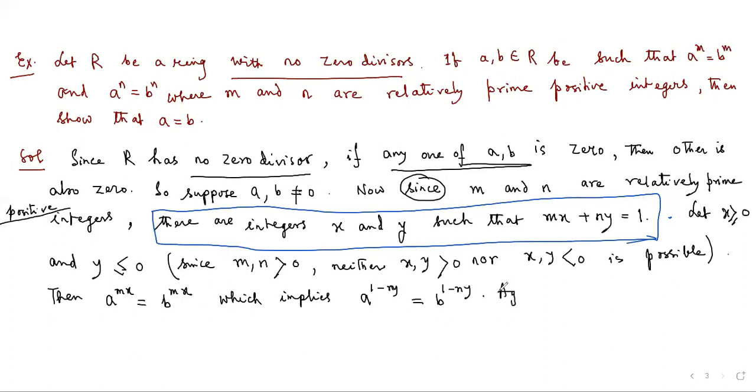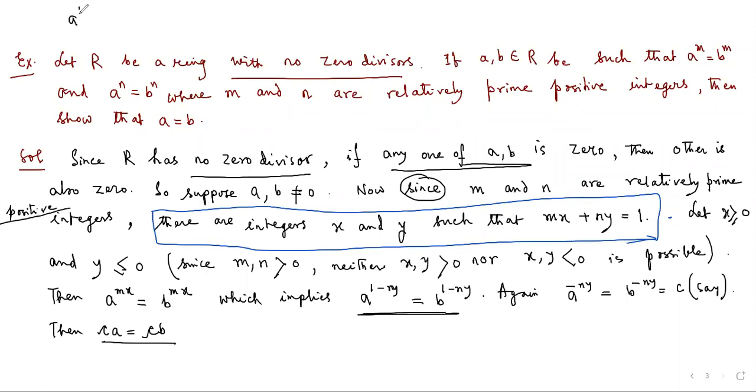Again, let us assume that a to the power minus ny and b to the power minus ny equal c. Say, okay. So if it is so, then ca equal to cb. Why? Because I can write it as a into a to the power minus ny and b into b to the power minus ny. And since a to the power minus ny and b to the power minus ny are the same, they are equal to c. So we can write it as ca equal to cb.